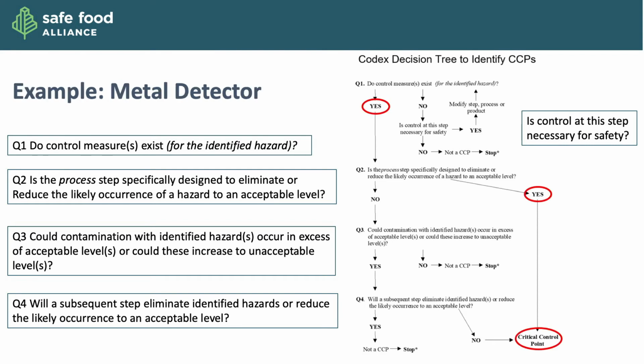So like I mentioned earlier, we're going to look at an example now of how you would use this tool. In our process, say we have identified a physical hazard of metal. That may come in with the raw materials.